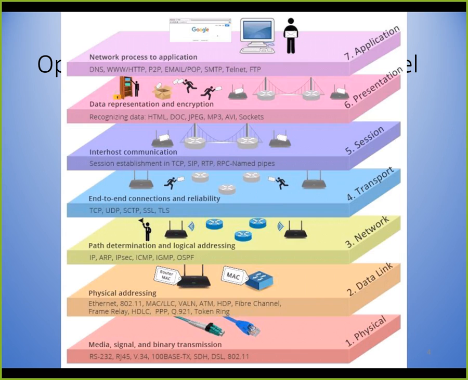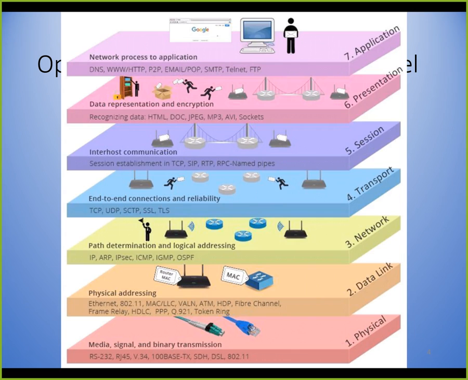The session layer uses this as inter-host communication. This is going to be application to application for these things. The presentation layer: data representation and encryption goes here. So if we encrypt things, we're going to be doing it at the presentation layer, recognizing data: HTML, doc, JPEG, MP3, sockets.